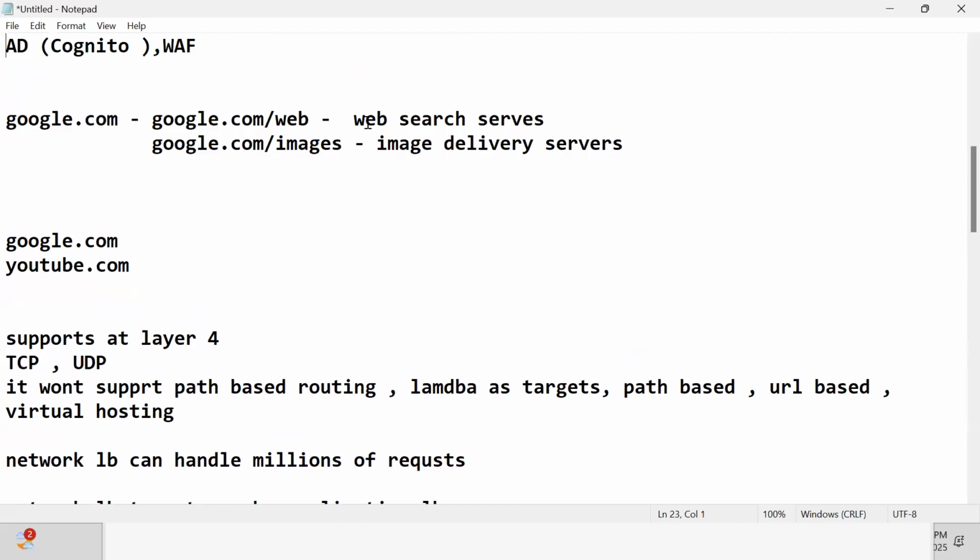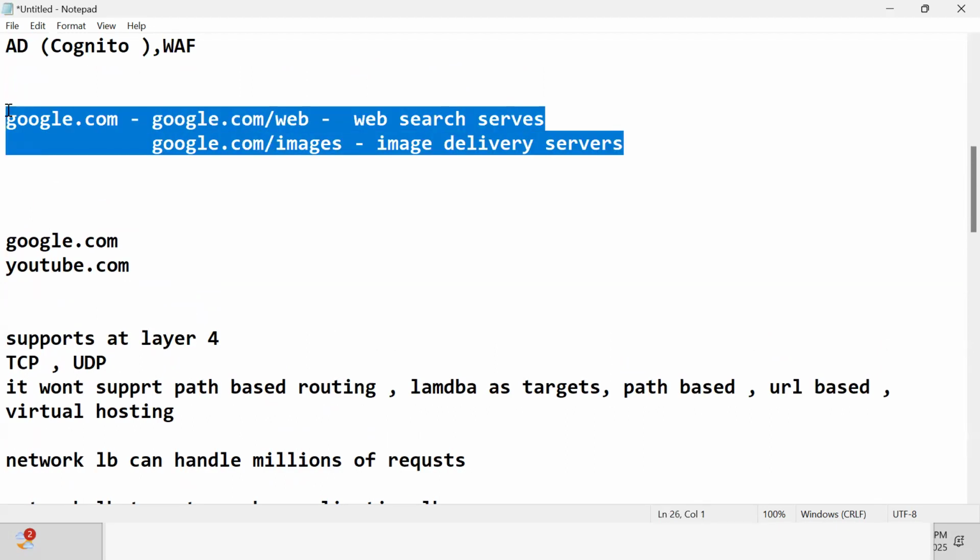In the above use case, how many target groups do we require? Two, because one for web and one for image search, right? Yes.